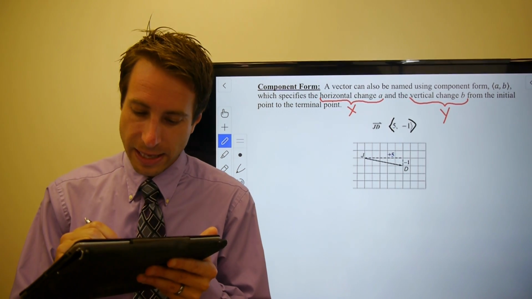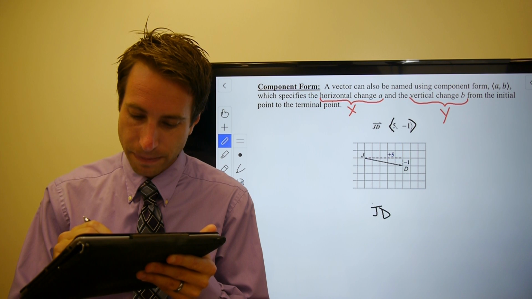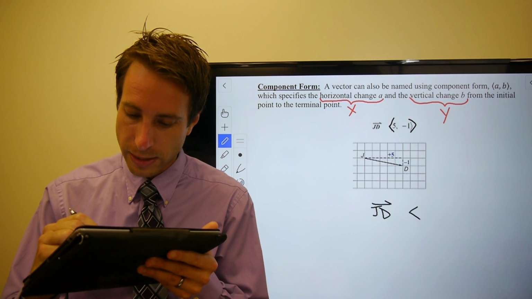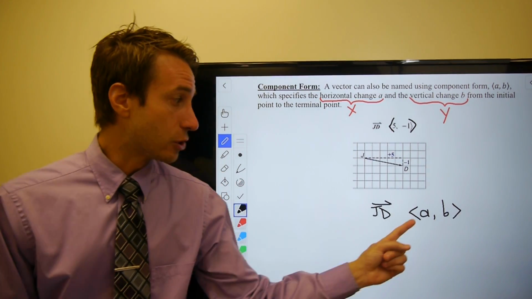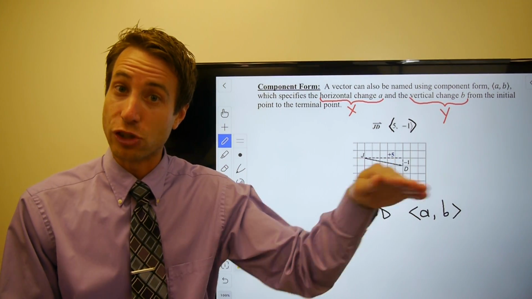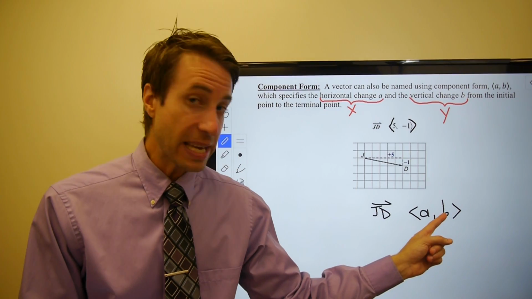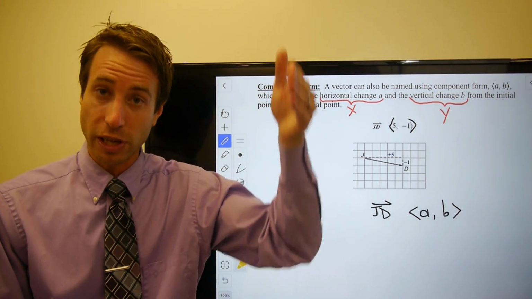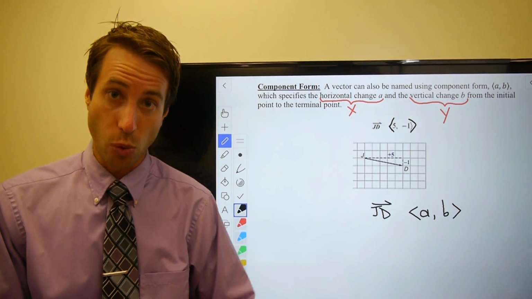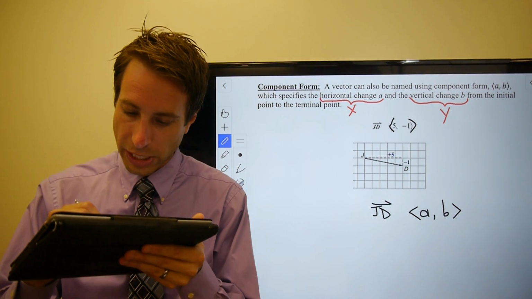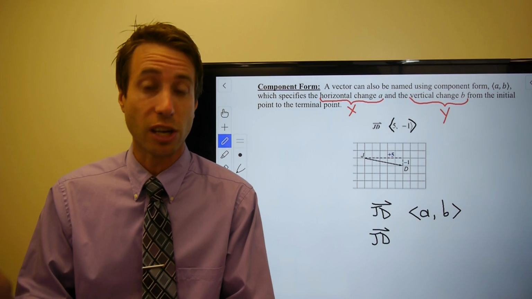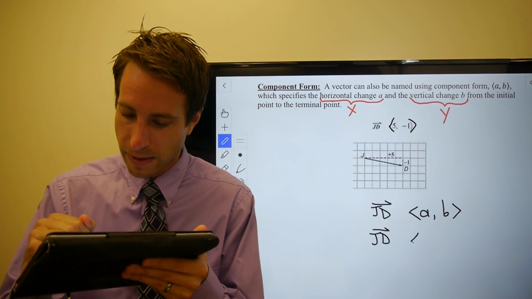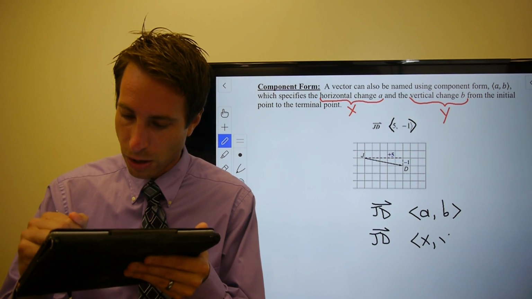So a vector JD will have the components A, B. A is going to be the change horizontally, the change in the x. The B component is going to be the change vertically, the change in the y. So you certainly could think of it like this: JD, if I give you the components of that vector, it'll be x, comma, y.